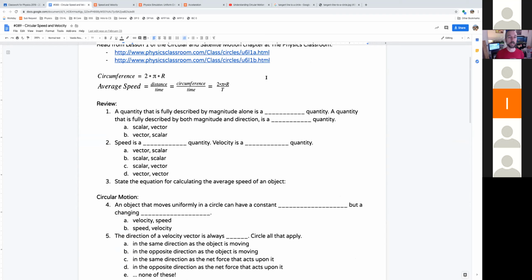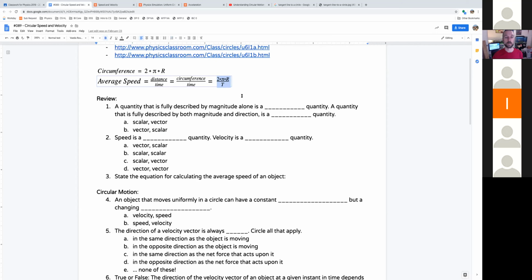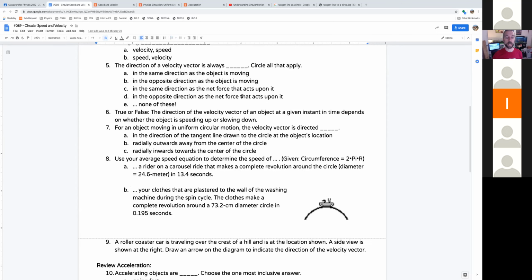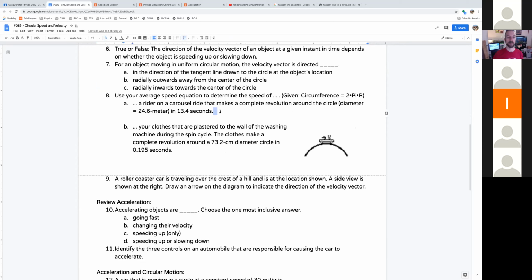What equation are we going to use? This is not a hard one. Average speed. Yeah, all right. So can you read that? Can someone read that so that I know that you know what some of these things mean? 2 times pi times radius over time. Excellent. So 2 times pi times radius over time.